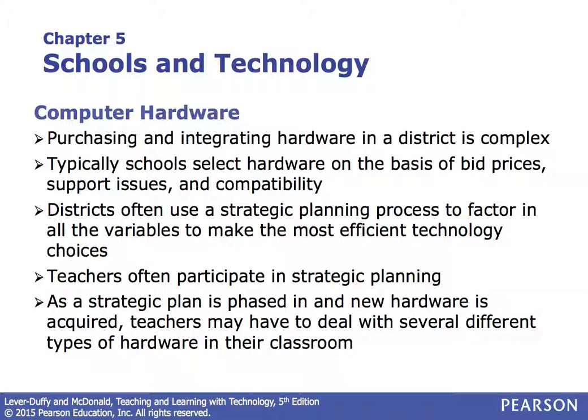Companies will bid to give whoever the best price, in addition to support and other compatibility issues, and other bells and whistles. It takes a lot of planning, and districts usually have committees. Schools have committees, so my classroom teachers, you may be on this type of committee that buys this stuff.